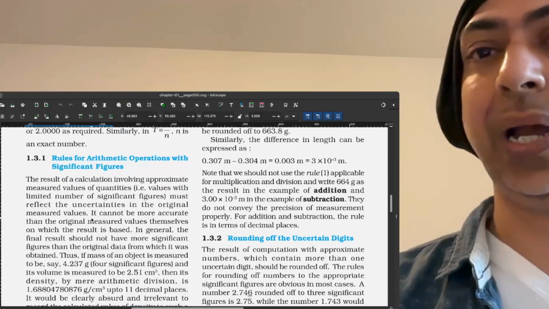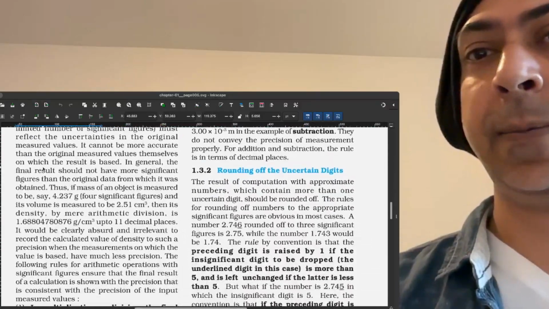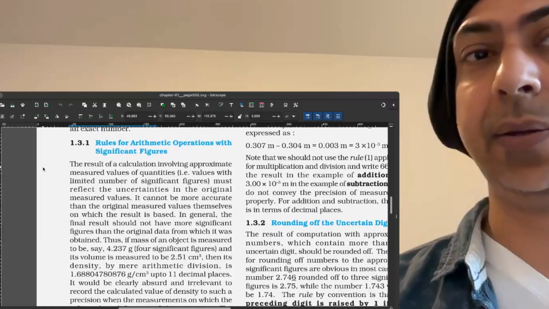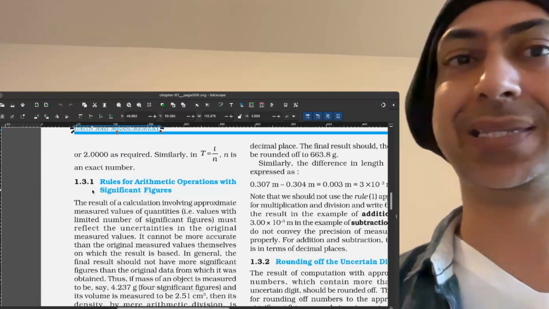So now let's give this as an exercise. You have to explain section 1.3.1 to me and explain how the examples work, completely explaining section 1.3.1. I hope that is okay. So let's take this as an assignment.